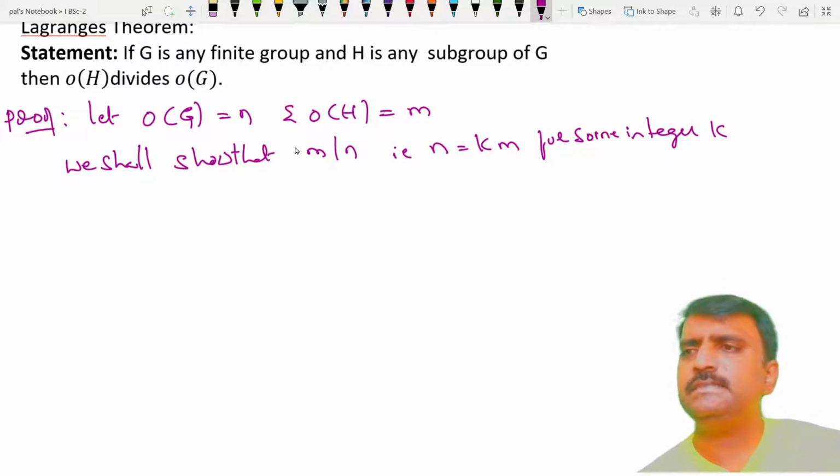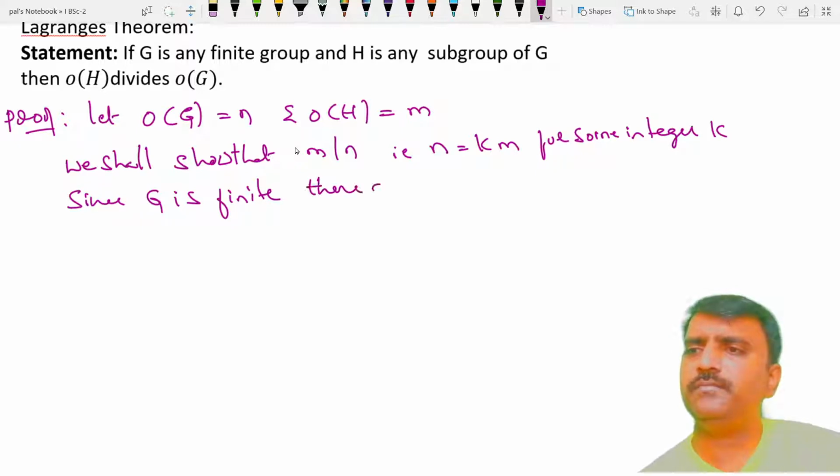Since G is a finite group, the elements in it are finite. Since group G is finite, there are a finite number of right cosets or left cosets.